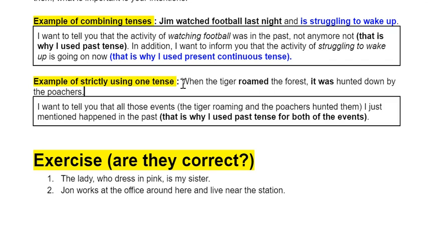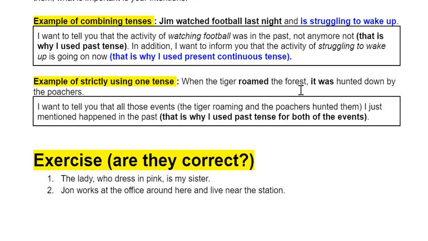Let's take a look at this. When the tiger roamed the forest, it was hunted down by the poachers. When the tiger roamed the forest, in the past form, in the past tense, right? It was hunted down by the poachers. Both of the sentences use past form. Well, it is okay. So it's okay for you to strictly use one tense or combine tenses as long as you have a reason.